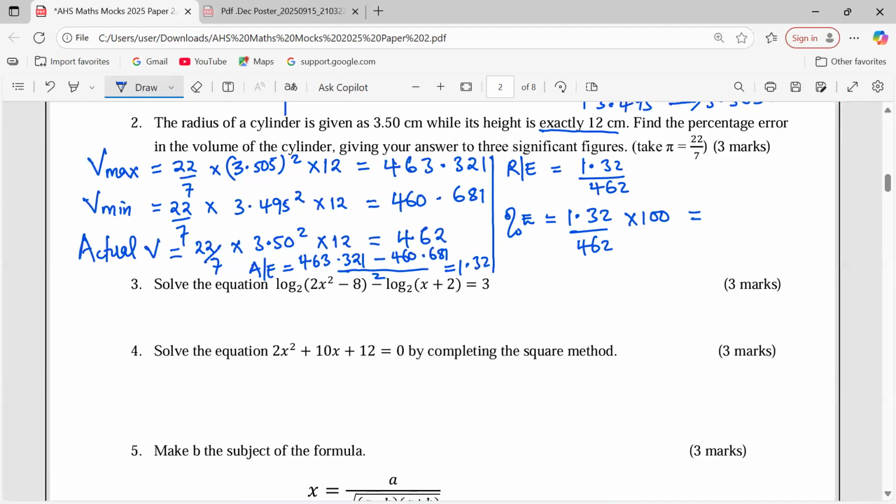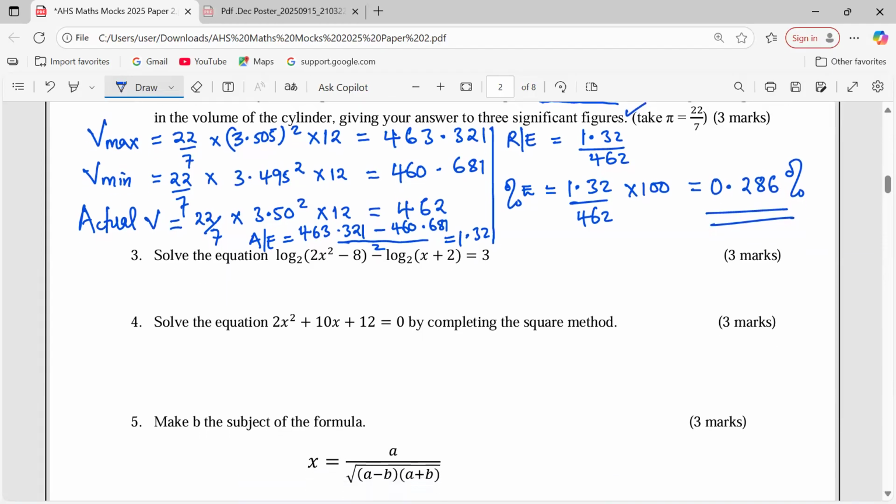We just express it as a percentage. And this shall be exactly 0.286%. This is according to the number of significant figures that the answer is needed at, 3 significant figures.